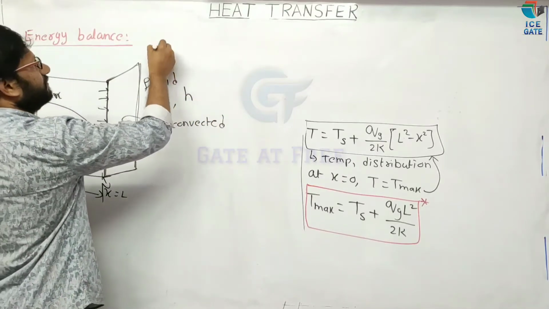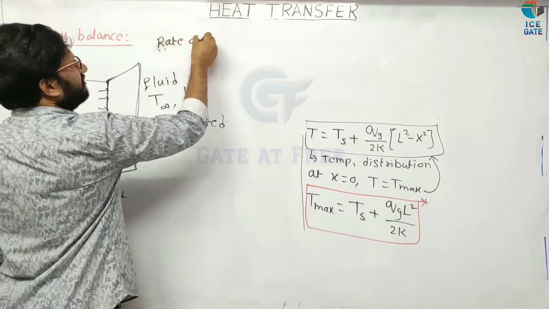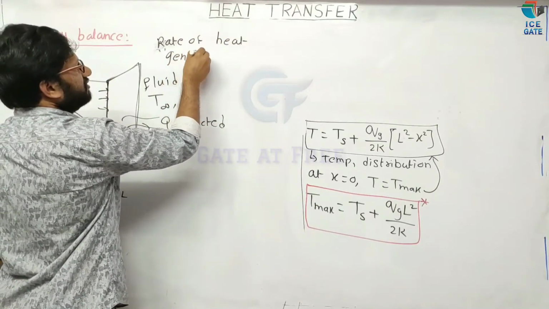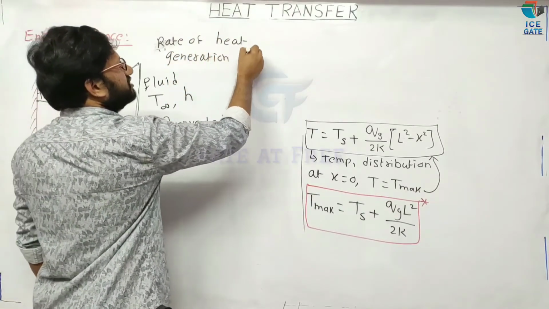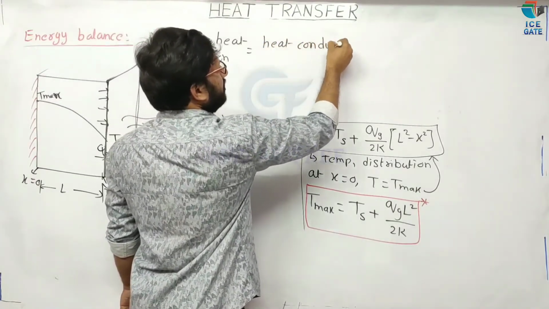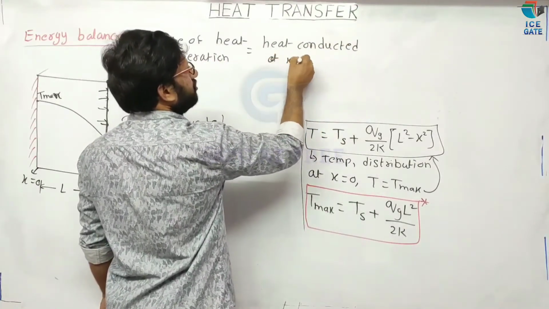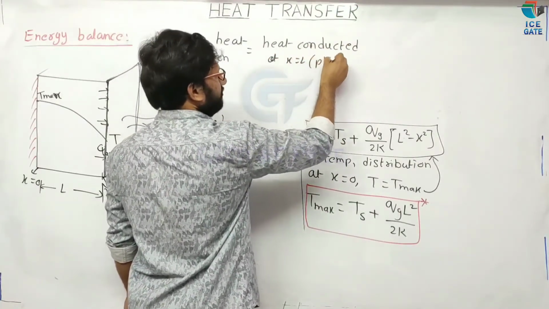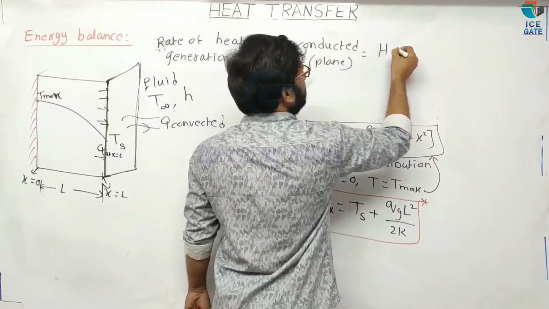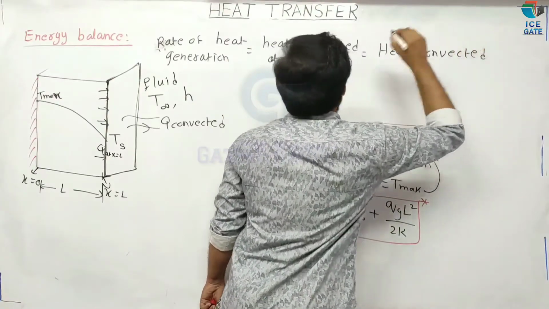Now can I write: rate of heat generation is equal to heat conducted at the x is equal to L plane, is equal to heat convected to the fluid medium.